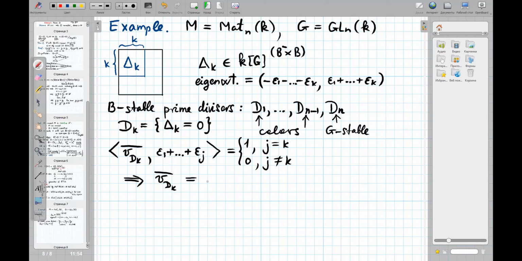V sub Dk bar is equal to epsilon k star minus epsilon k plus 1 star for k less than n.